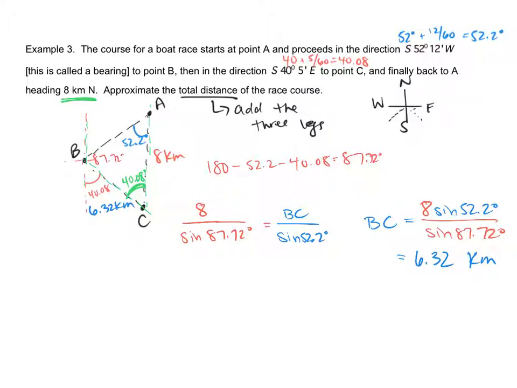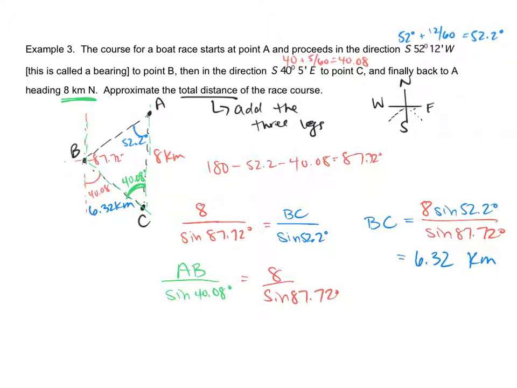We're going to use a similar process to solve for the length of side AB, which is opposite side C. So we know that the length of AB divided by the sine of 40.08 degrees is going to equal that same proportion, 8 divided by sine of 87.72 degrees that we've seen before.